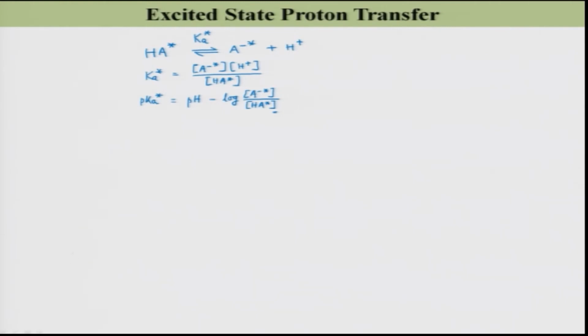So, here is my ground state, right, and this is your HA and this is your A minus plus H plus, and this is, let us say, delta H, the energy difference between these two. In the ground state, you see this barrier is very high, right.